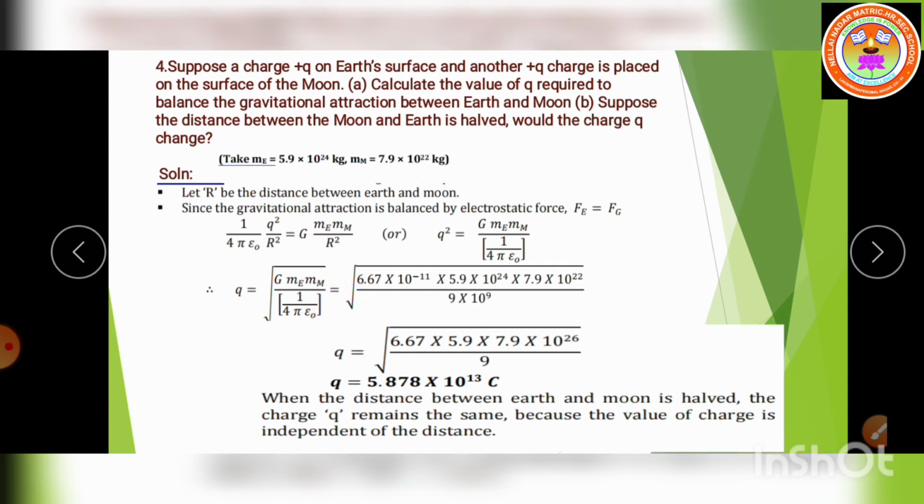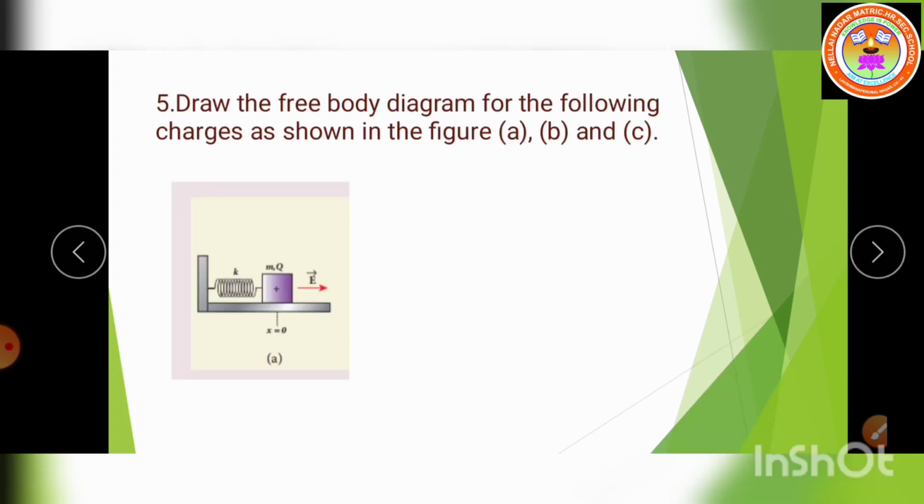So whatever the distance may be, the Q value will remain the same. So when the distance between Earth and moon is halved, the charge Q remains the same, because the value of the charge is independent of the distance. Understand, children?